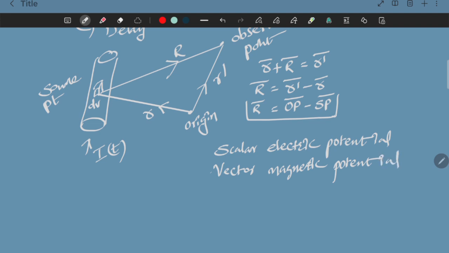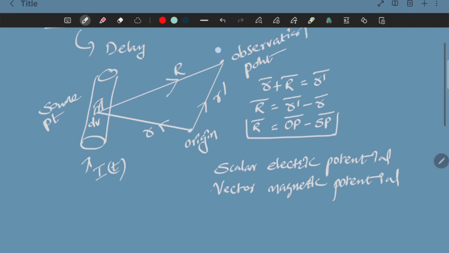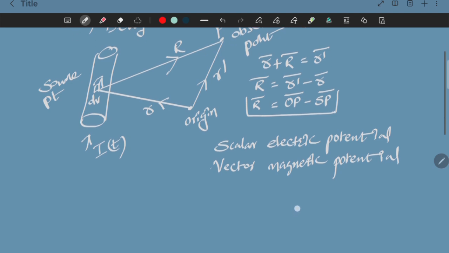So the potentials we are observing at the observation point P. We'll assume the observation point is P. So at point P, we are observing these two potentials.